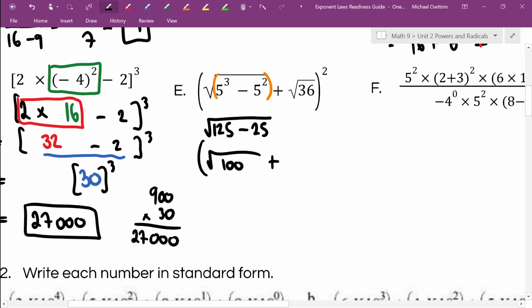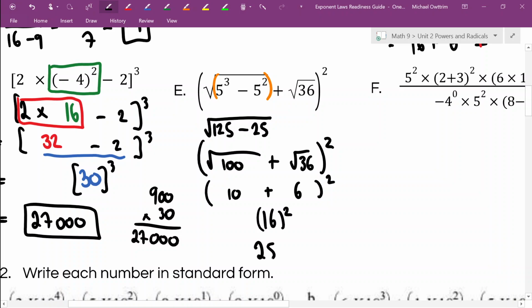So we got our square root 100 plus our square root 36, all squared. Square root 100 is 10, square root 36 is 6, 10 plus 6 is 16, 16 squared is 256. So again, just using our memorized facts there to help us out where possible.